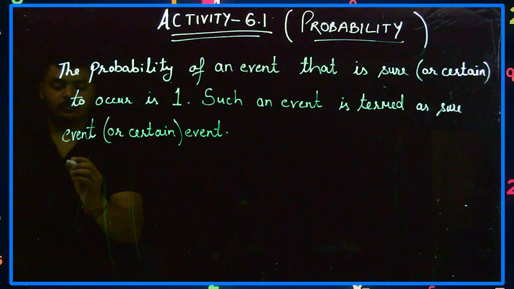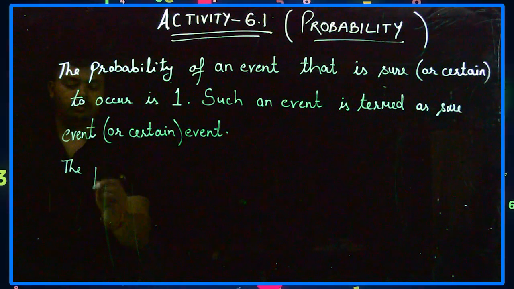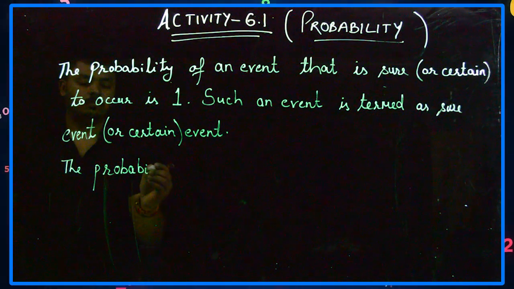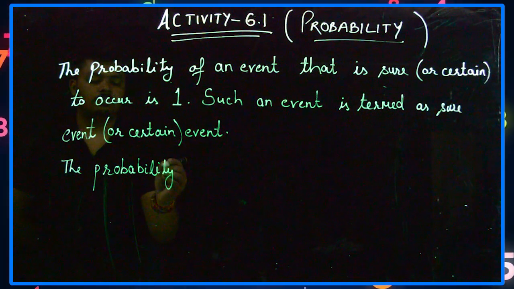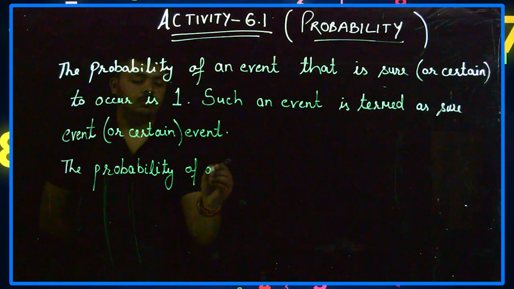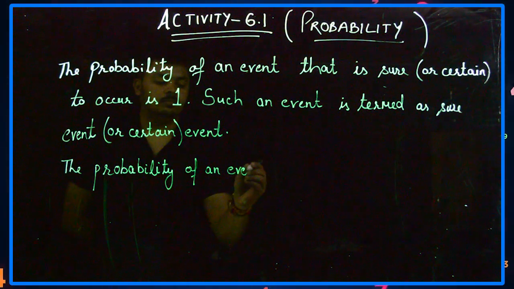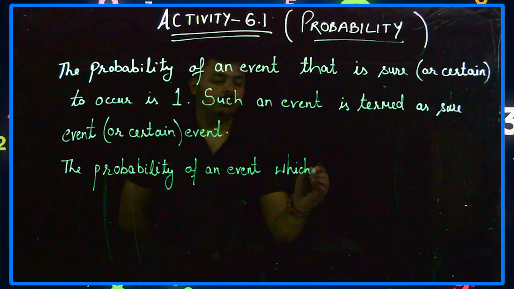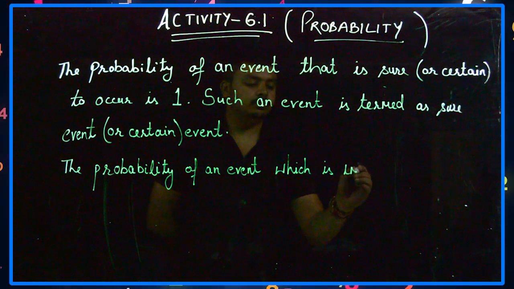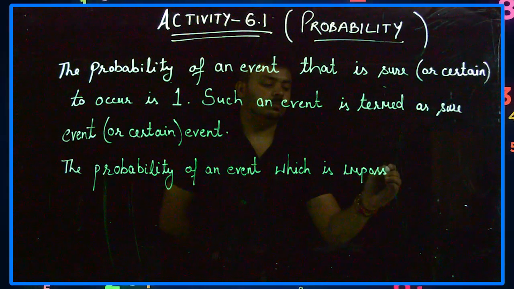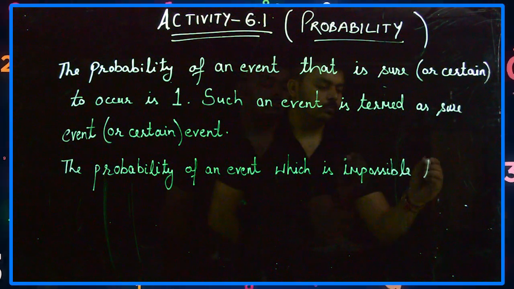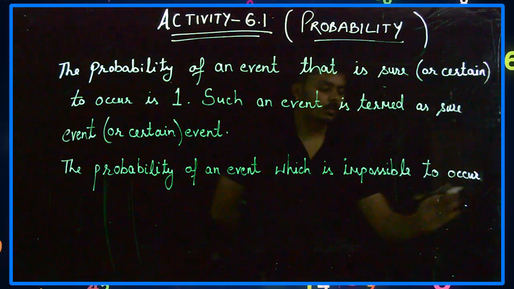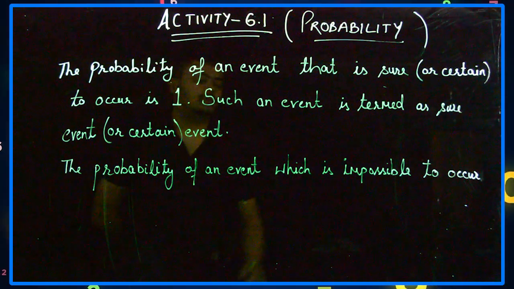Whereas the probability of an event which is impossible to occur, the probability of an event which is impossible to occur is 0.